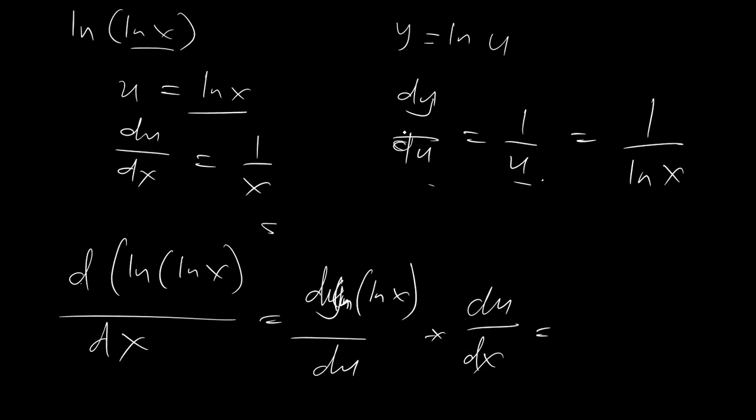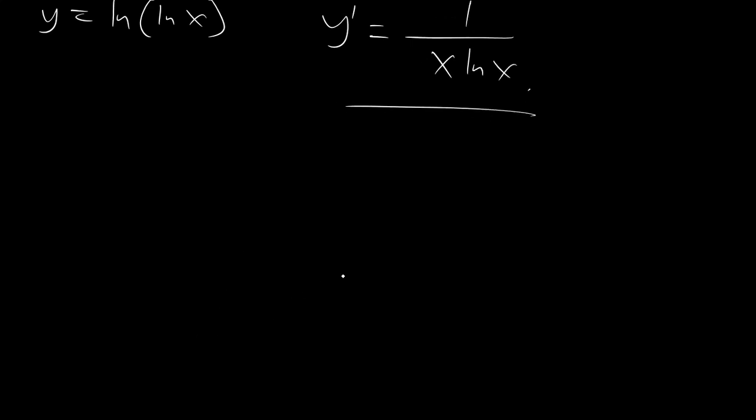We assume the whole of this is y, so 1 over u will be 1 over ln x, times du/dx, which is 1 over x. So this will give you 1 over x ln x. So the final answer: y is equal to ln of ln x, so y prime will be 1 over x ln x. So that is the final answer.